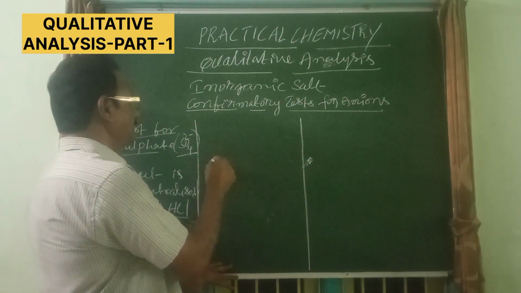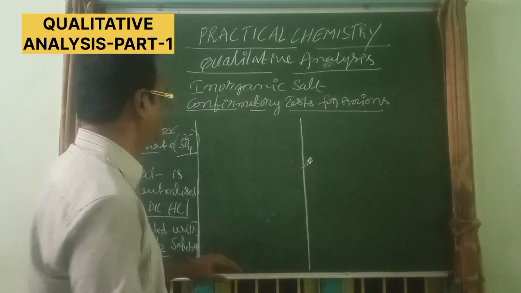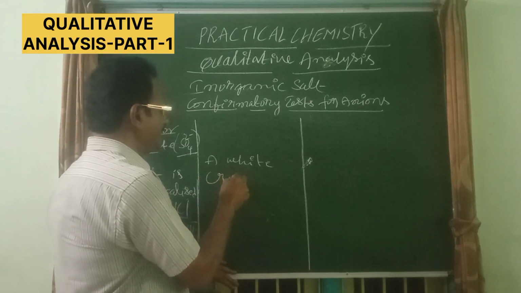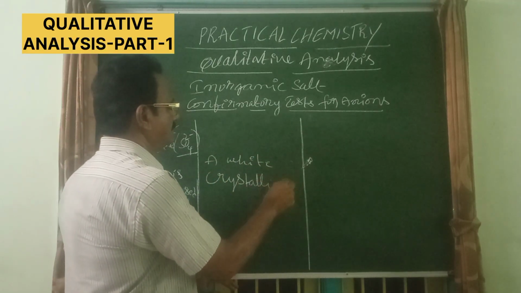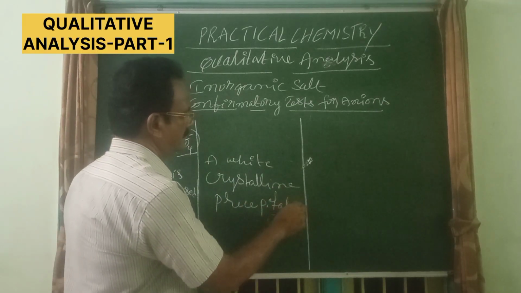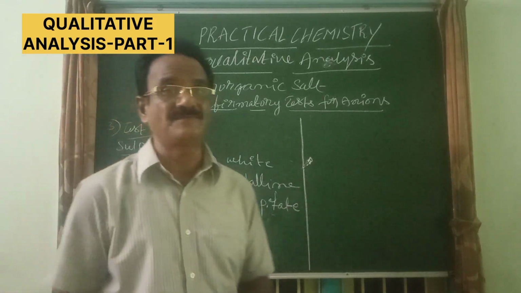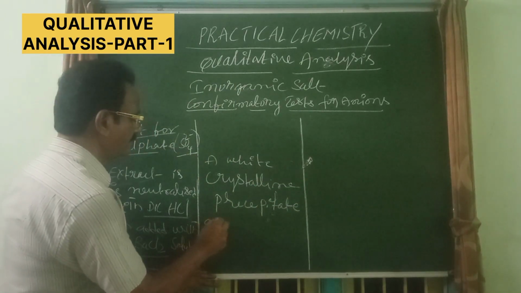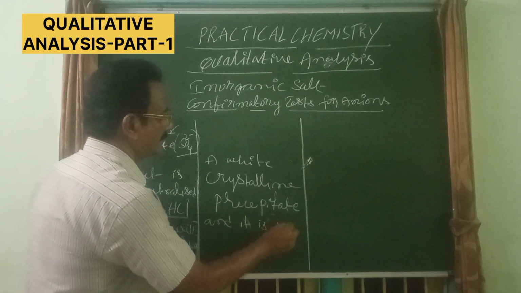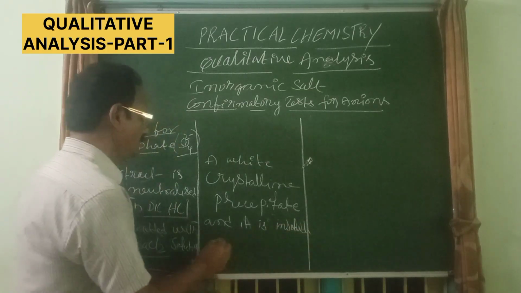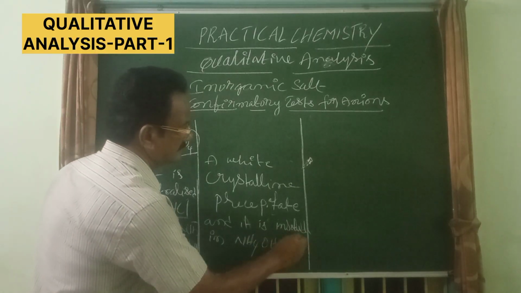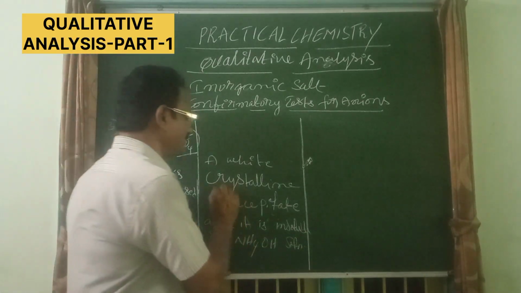So the observation, if there is sulfate in the salt, is a white crystalline precipitate. If a white crystalline precipitate forms and it is insoluble in NH4OH solution, that indicates sulfate.